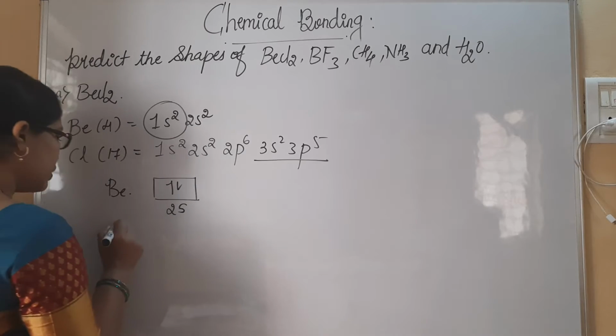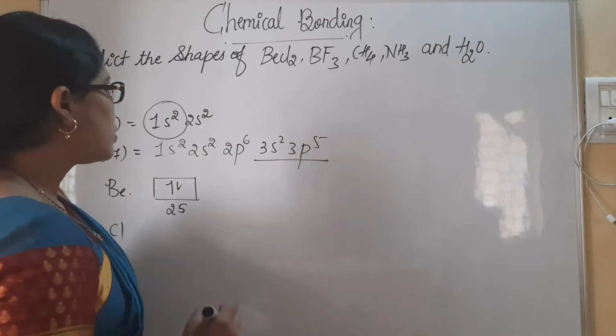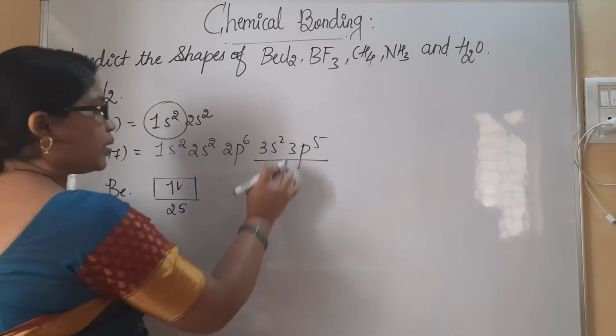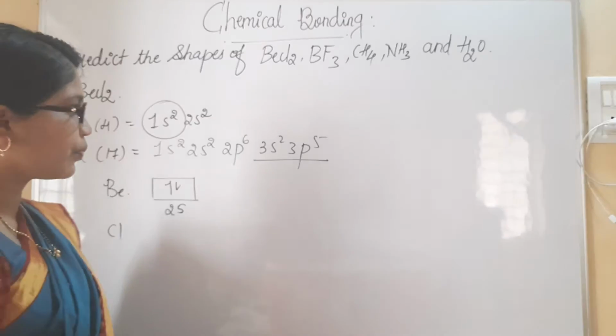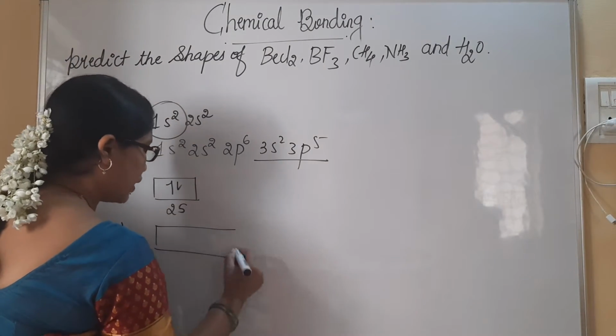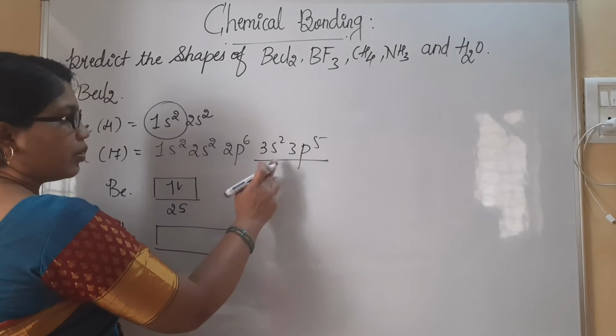Let us write the outer shell electrons for chlorine. For chlorine, these are the inner shell electrons, leave them. These are the outer shell electrons. Now you can see there are 5 electrons present in the p orbital.